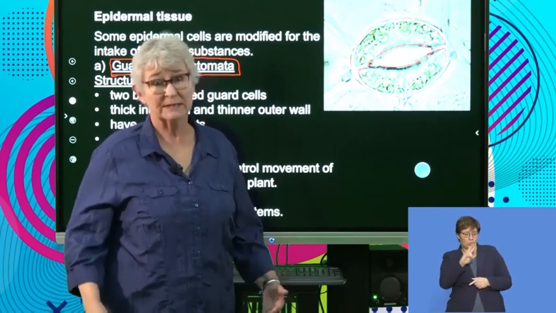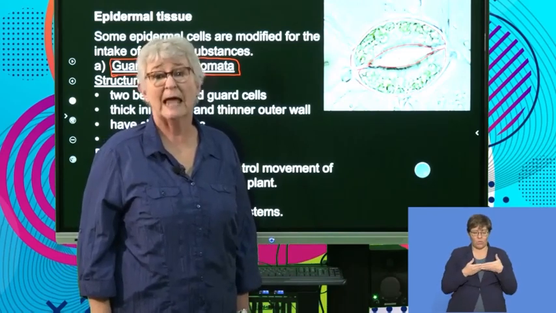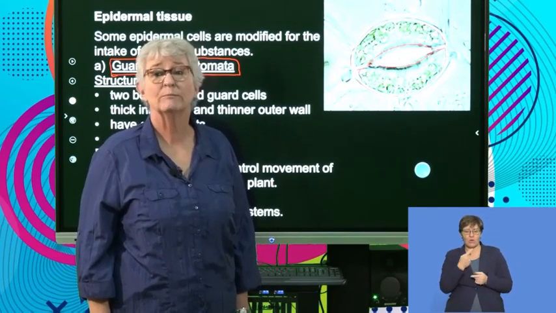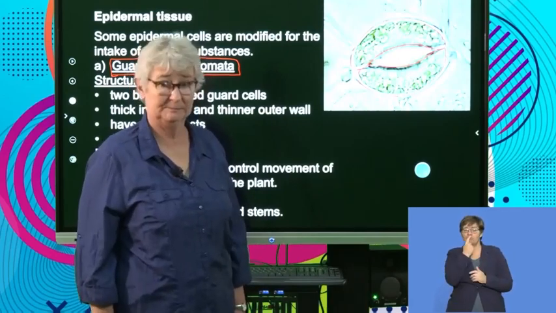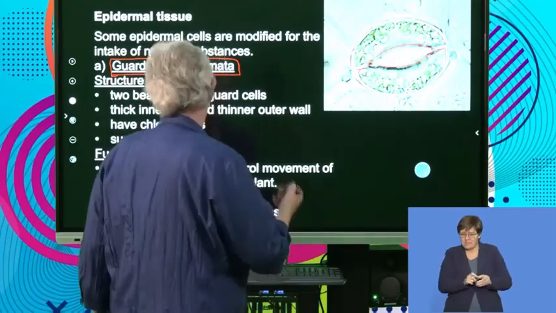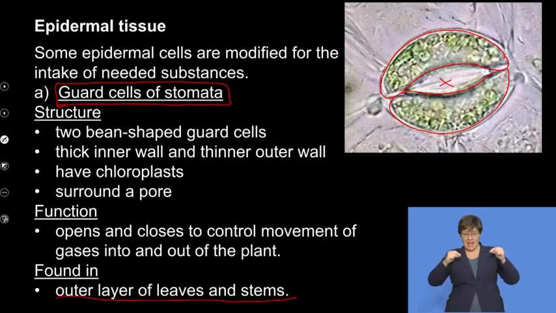And the cutest thing about these is they can open or close, just like lips that are busy kissing you. These are found in the outer layer of the leaves and the stems, because that is where substances need to be taken in.